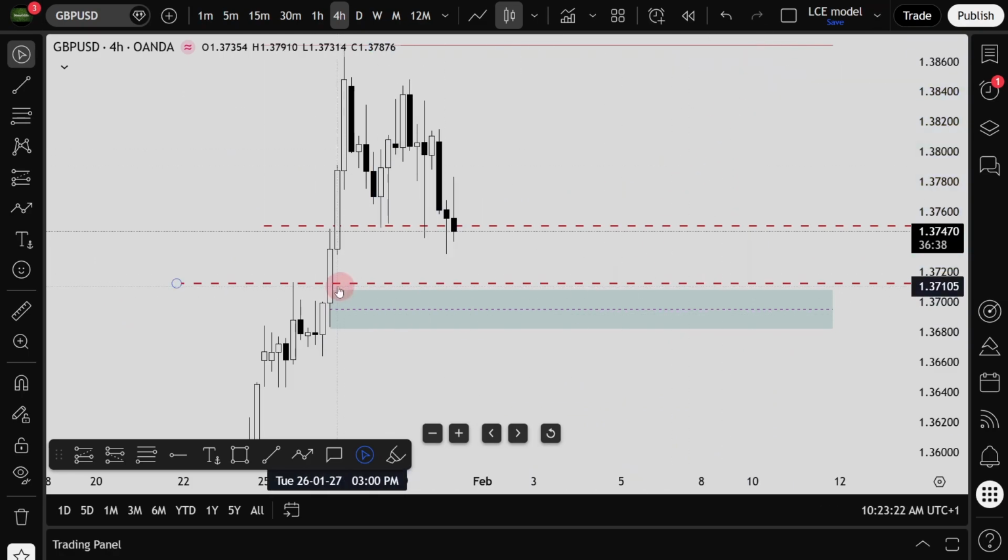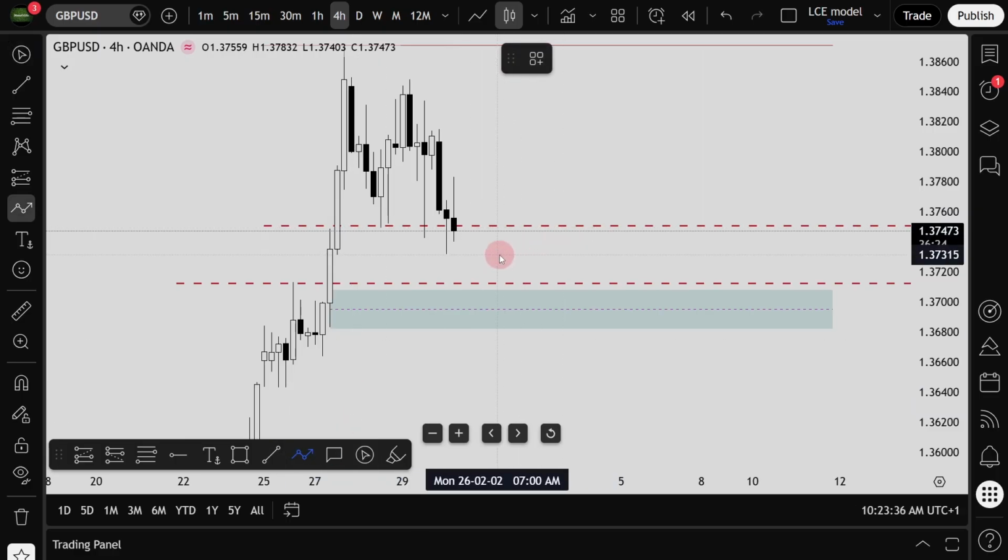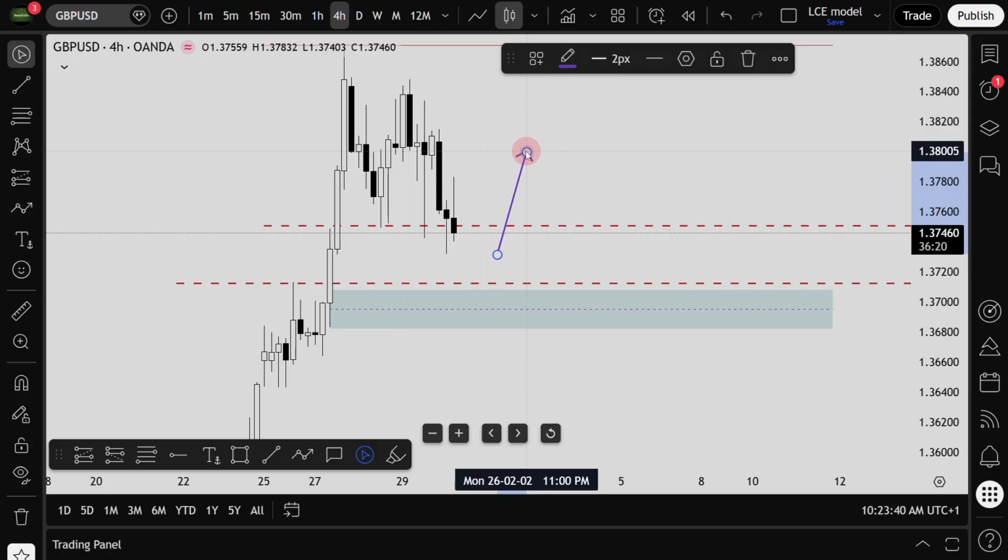What I'll be waiting for, this is the fair value gap, the gap in that daily candle. I'll be waiting for price to tap into this area, which it is doing right now. It has tapped into it, and then create new 4-hour fair value gaps to the upside in the next 4-hour candles 3 times.